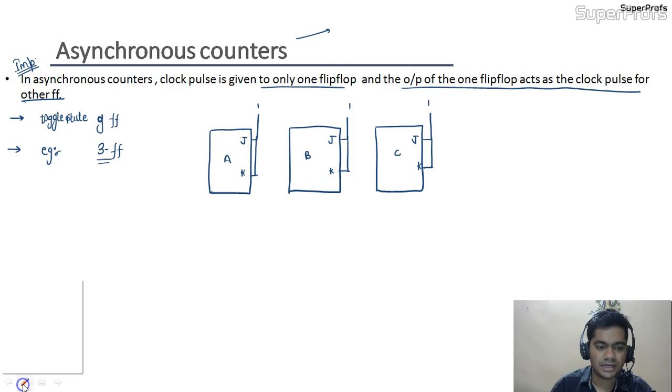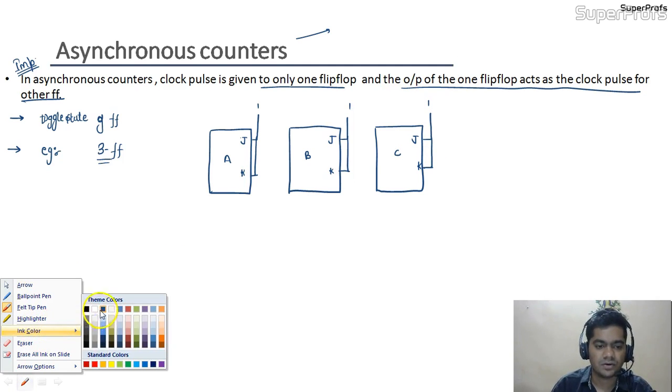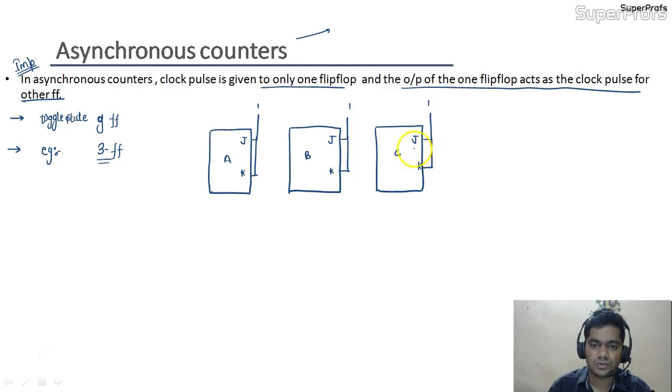Now we are going to connect the clock pulse for all the flip-flops. Suppose we want to count the clock pulses; we have 3 flip-flops and they represent 3 bits. This is the MSB and this is the LSB. So we are applying the clock pulse to the LSB. Okay, and which clock pulse? We are using negative edge triggering of the flip-flops.